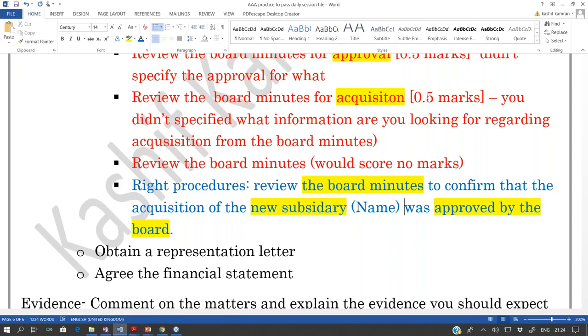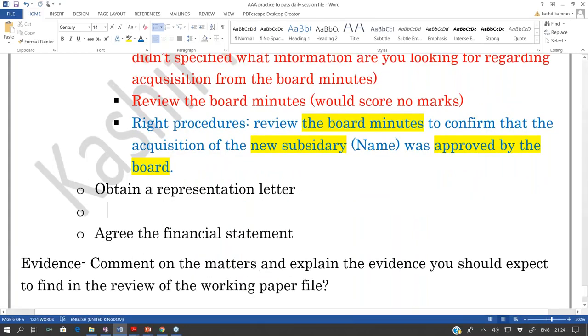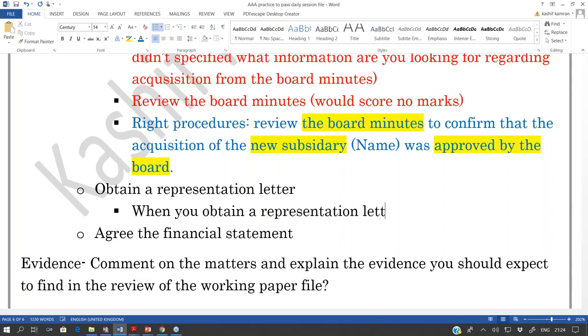Okay, the second one, obtain a representation letter. Let's see what mistakes you make with obtain a representation letter. First of all, for students, the representation letter can be taken for anything. That's wrong.